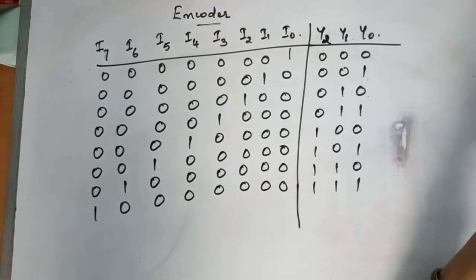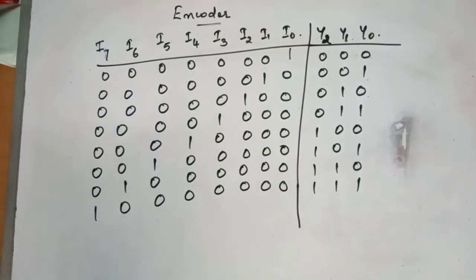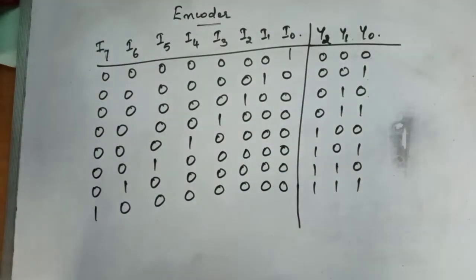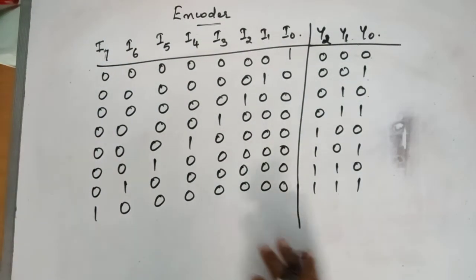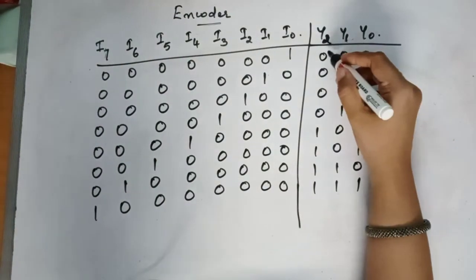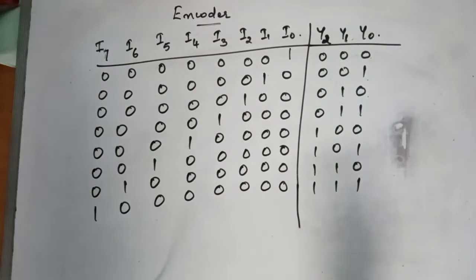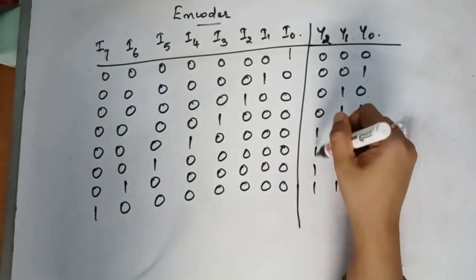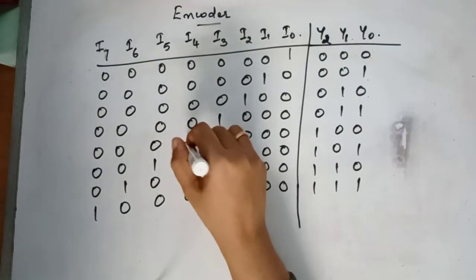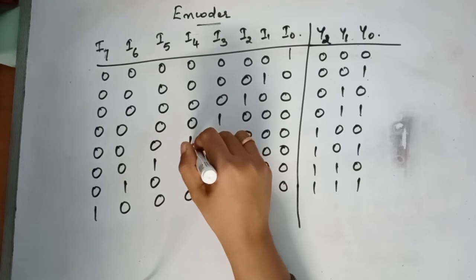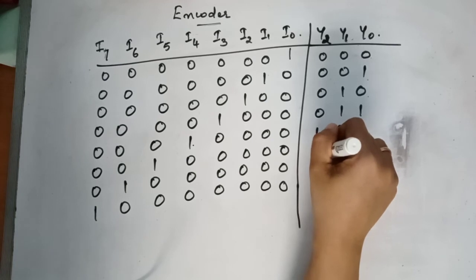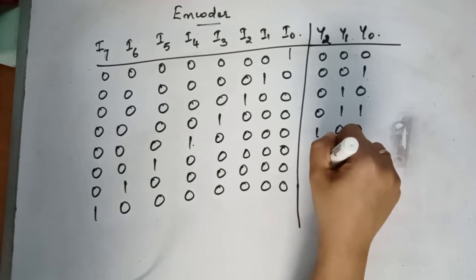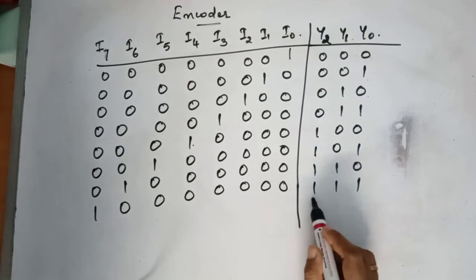So you need the output equations. In order to write the output equations, let's see, when is y2 equal to 1? Y2 is equal to 1 when I4 is 1 or when I5 is 1 or when I6 is 1 or when I7 is 1.